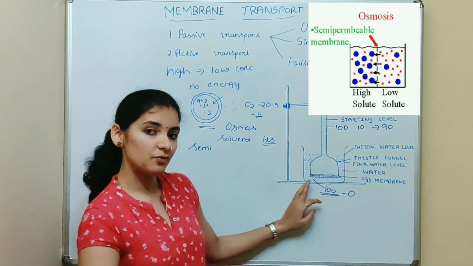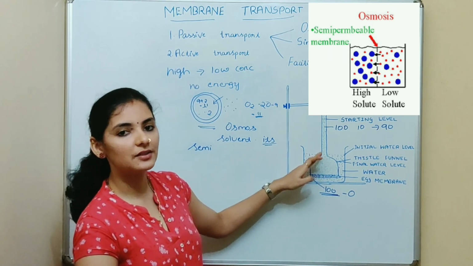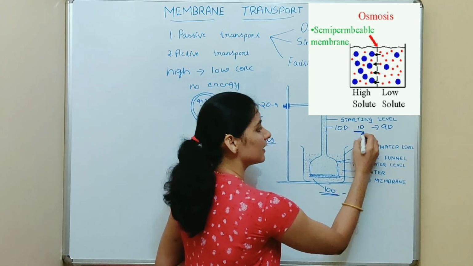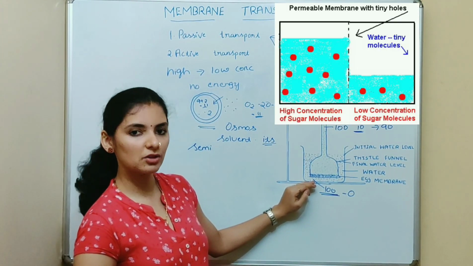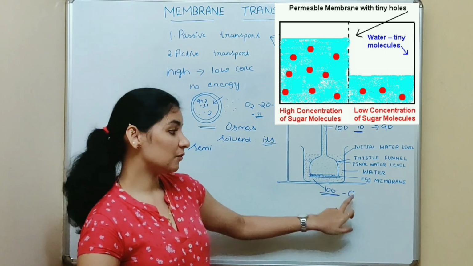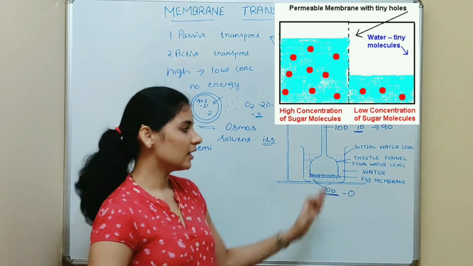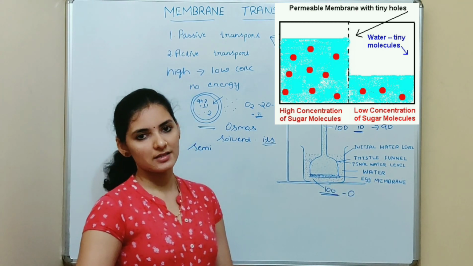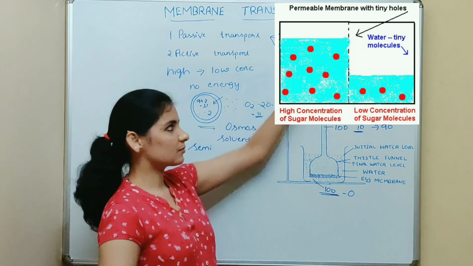So from a region of less solute concentration to a region of high solute concentration. How many solutes are present in this? 10. Okay. So it is the movement of water molecules or solvent molecules from a region of less solute concentration to a region of high solute concentration across a semipermeable membrane that is called osmosis. So these are the definitions of osmosis.